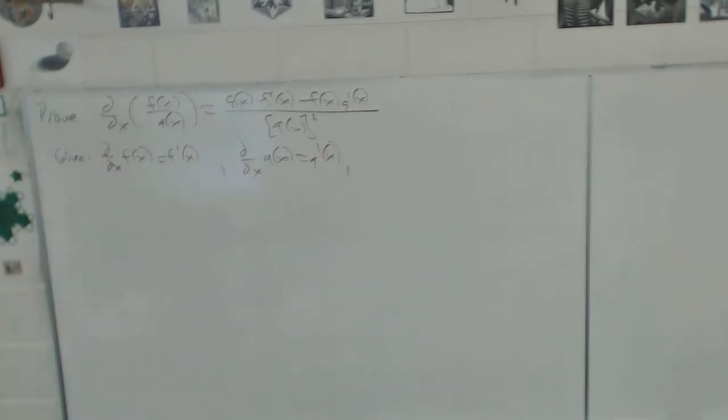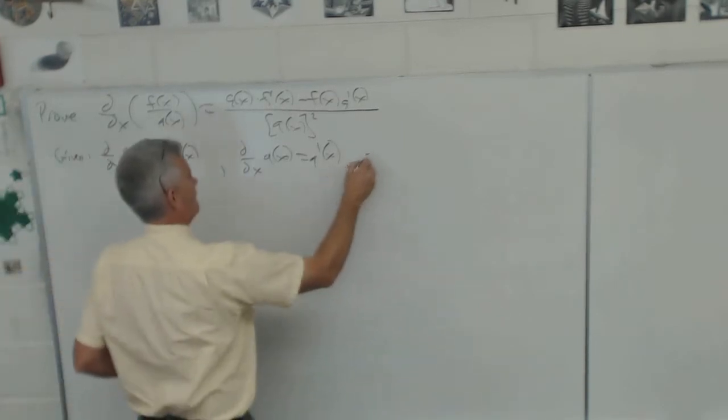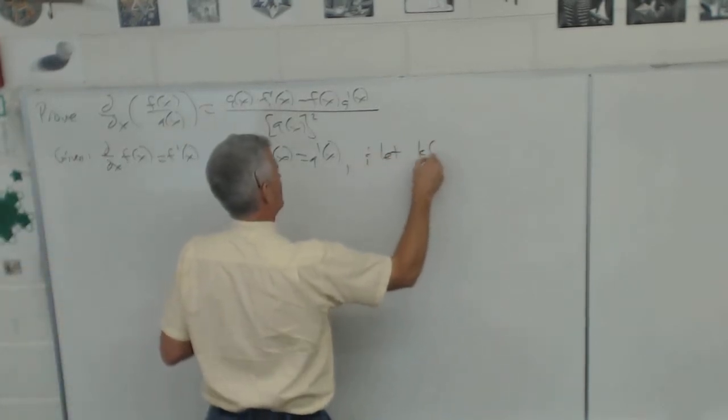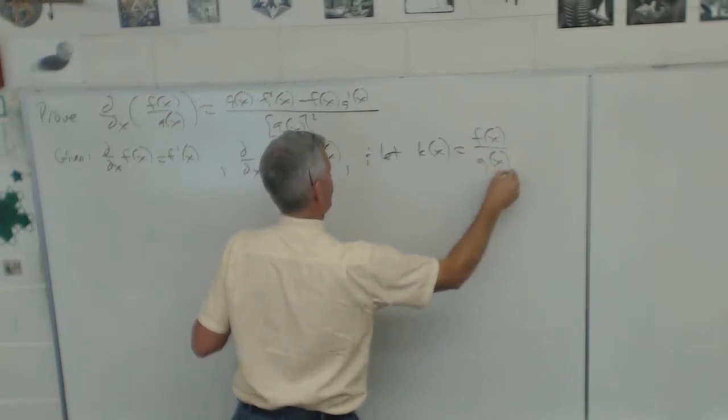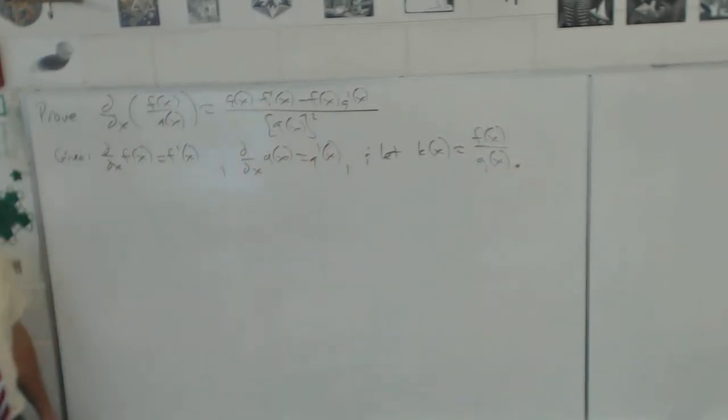And put this in there, make that a given too. Okay, and let k of x equal f of x over g of x. Awesome. Now, speak up at any point you're disagreeing with the line of reasoning. Go.